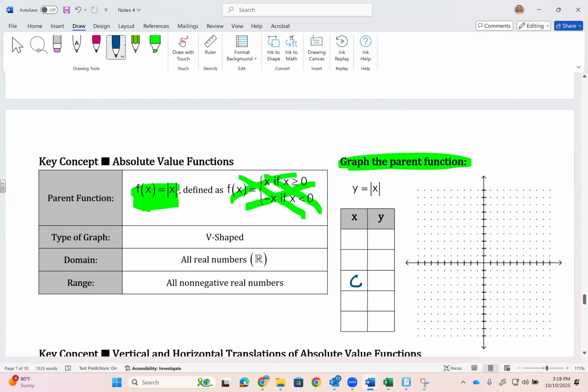So we'll start with 0, and absolute value means the distance from 0 on a number line. When we plug in x is 0 to this function on the right side, to find y, let's take the absolute value of 0. Wait, let's review. What's the absolute value of 3? Look at the number line.